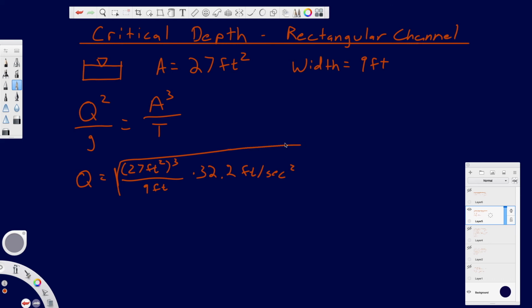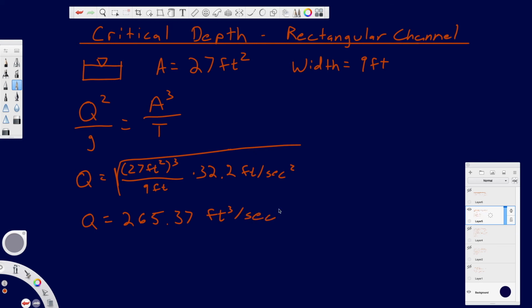Okay, and then if you work through that, you will have 265.37 feet cubed per second.